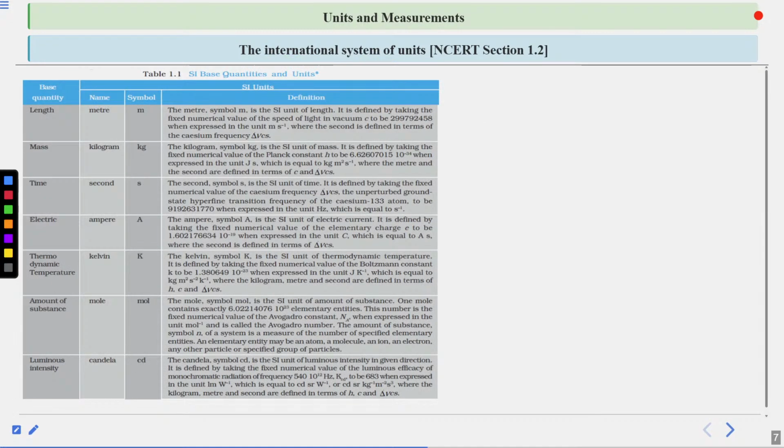Table 1.1, SI base quantities and units. So we know there are 7 fundamental base units.